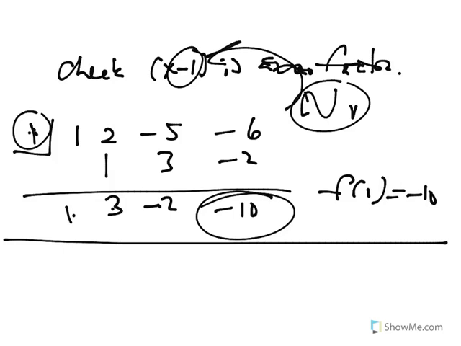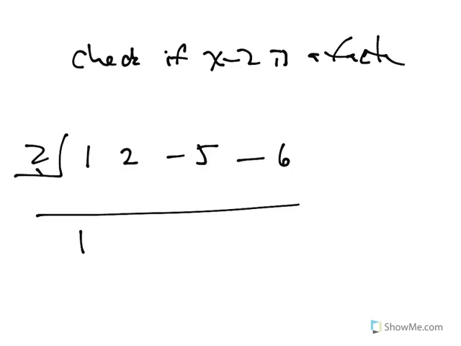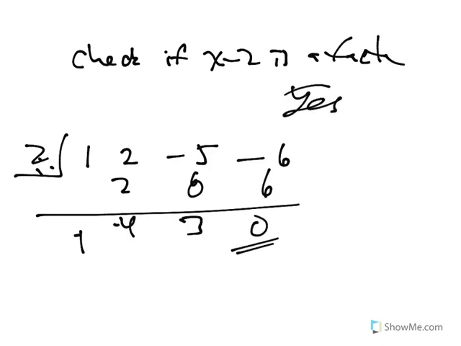Let me check now if x minus 2 is a factor. Put a regular 2 there. 1, 2, minus 5, minus 6. Synthetic division, 2 times 1 is 2, that becomes 4. 2 times 4 is 8, that becomes 3. 2 times 3 is 6, that becomes 0. So the answer is yes.